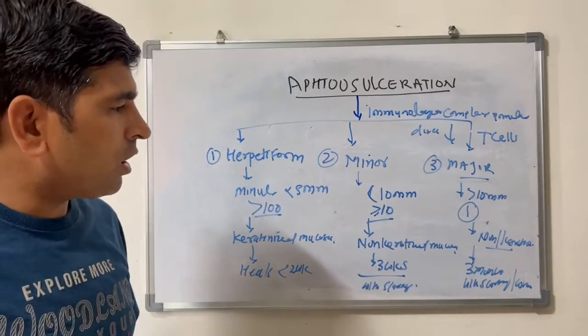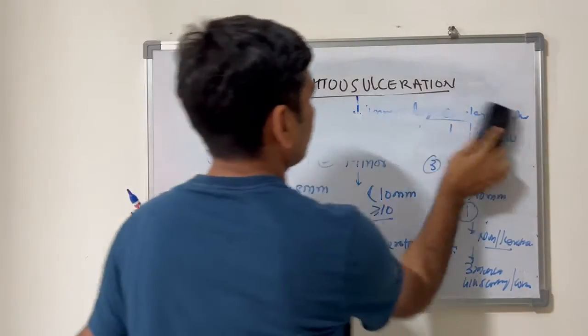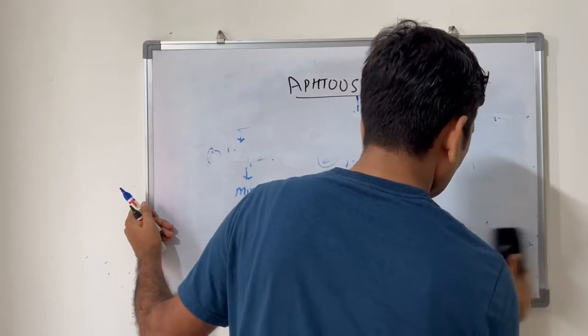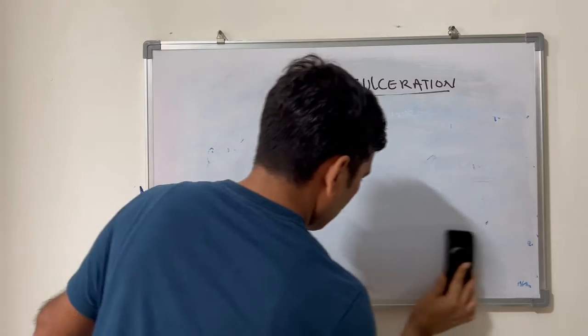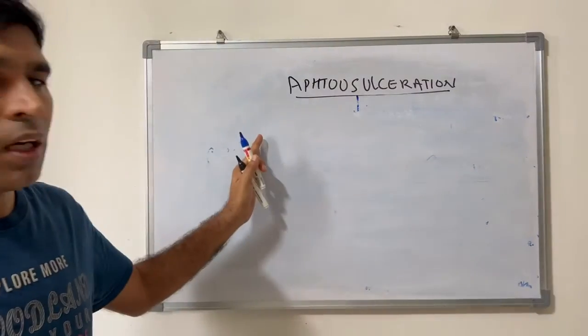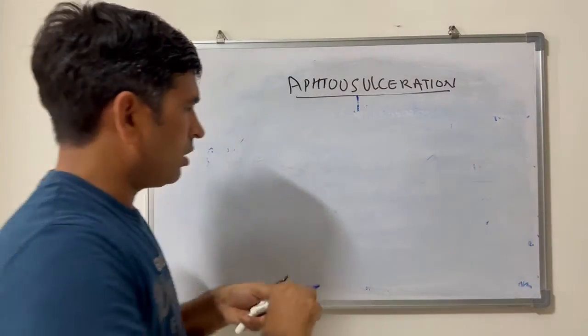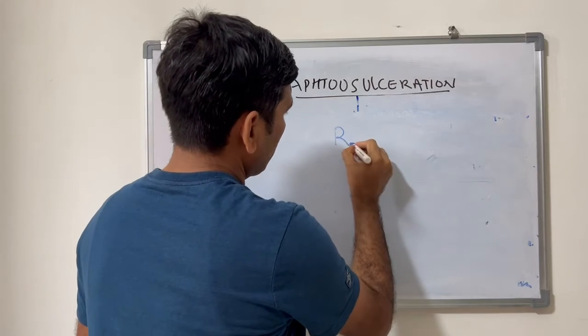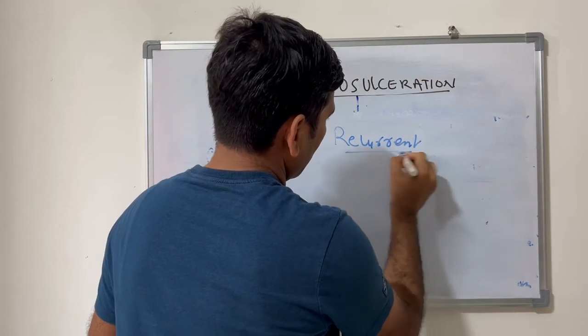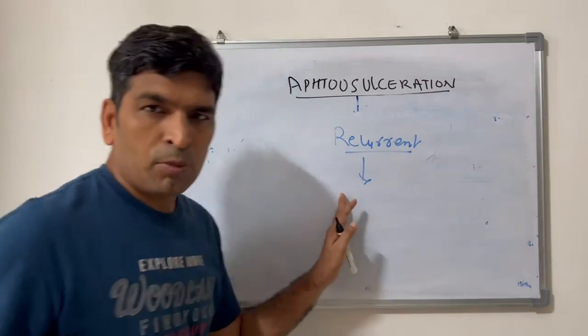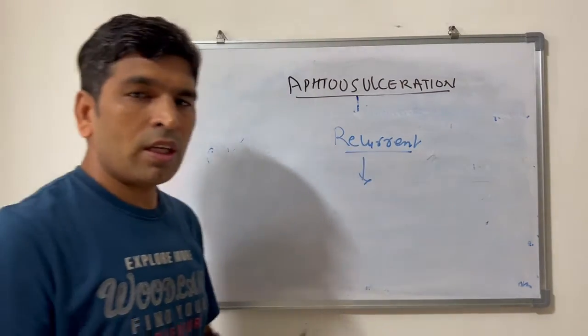Now, what is the treatment? These ulcers are recurrent ulceration. Most of the time they have a family history. Treatment is mainly symptomatic and addressing the underlying factor.